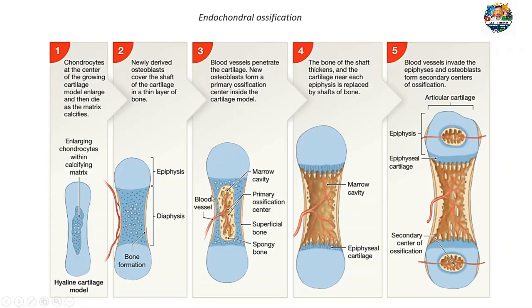The outer bone will become superficial bone initially, which will later mature into compact bone. This formation of bone will continue, and the cartilage initially present here will be replaced by bone. So most of the cartilage will be pushed towards the end, the epiphysis.